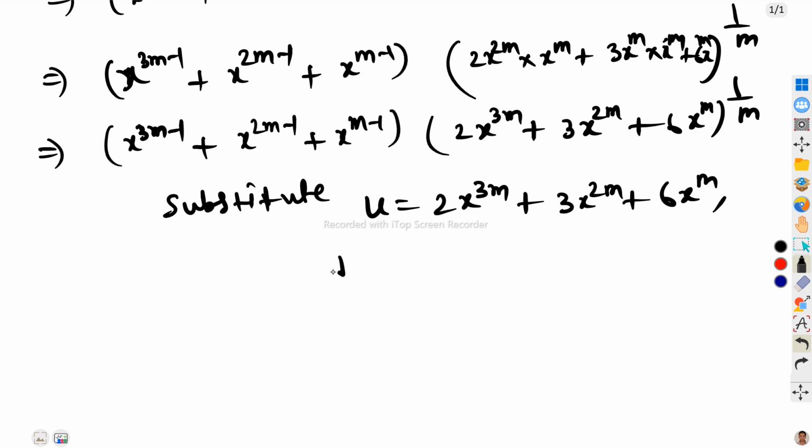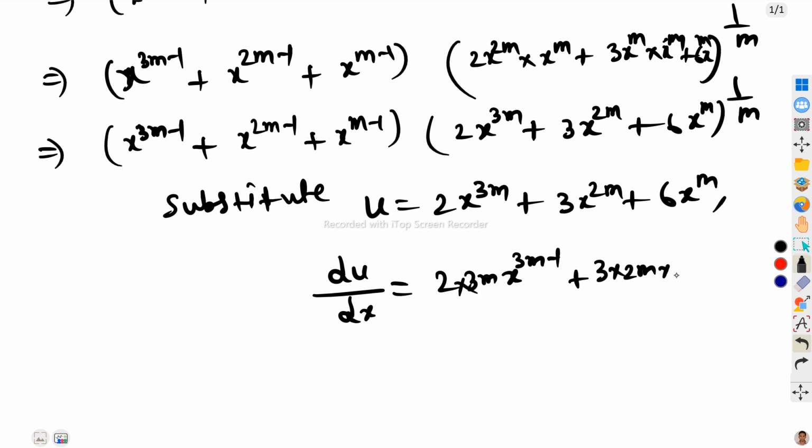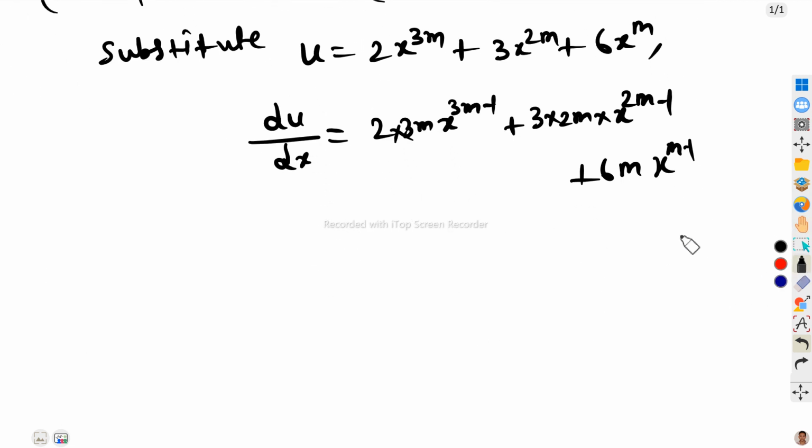So du/dx, differentiating, equals: 2 is the constant, so 3m x^(3m-1), and 3 into 2m, which is x^(2m-1), and again 6 into m, which is x^(m-1). Here 6m is common.